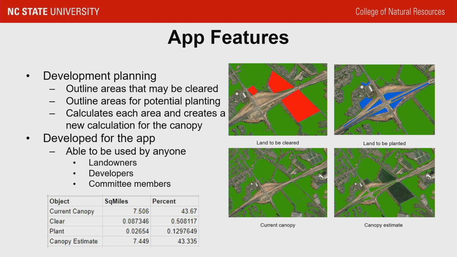So you have your canopy as it exists currently, but say you have a group that wants to come in and clear cut a section to develop something. Well, part of the goals of the beautification committee are to regulate how much is cleared and keep an idea of how each project impacts overall the status of the tree canopy.